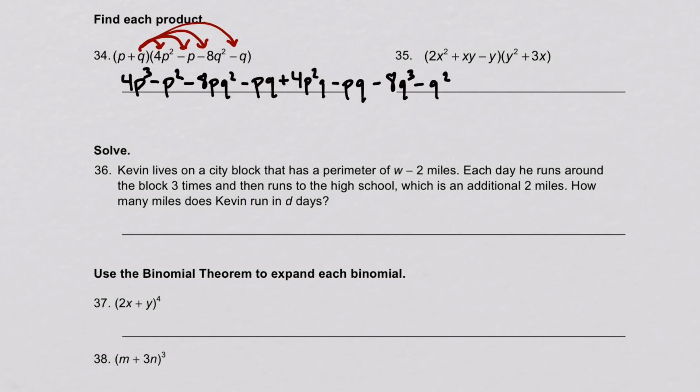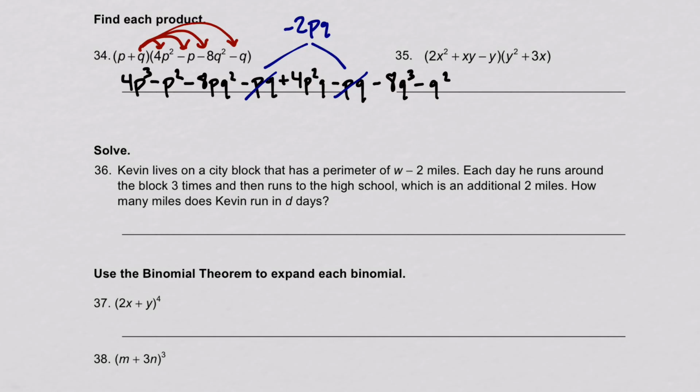Oh, there you go, negative pq and negative pq, those are like terms. They don't cancel, they're both negative, so we're going to put them together to make negative 2pq. Right, this one and this one will make negative 2pq. And that's it, there are no other like terms.